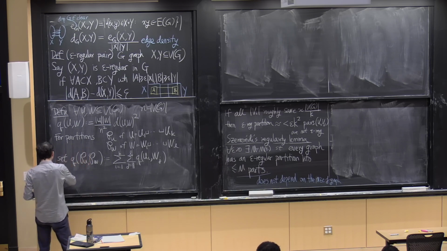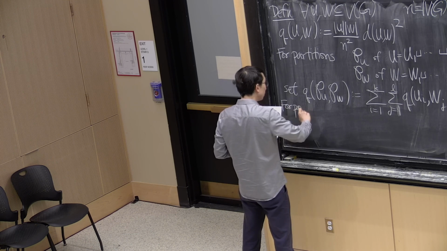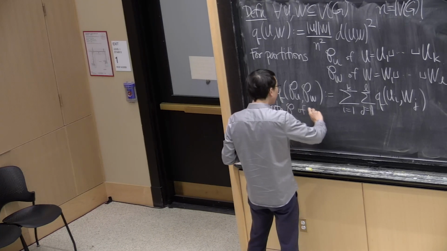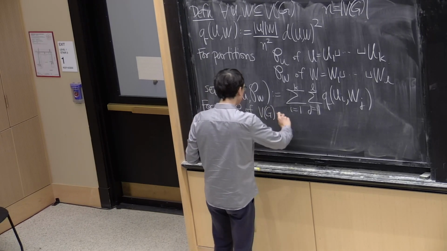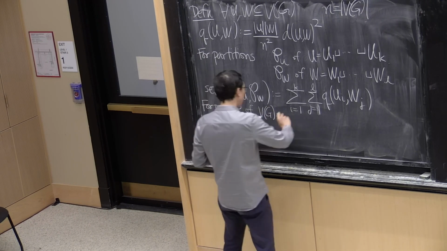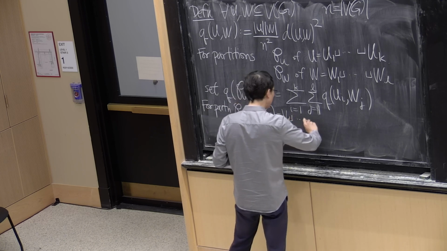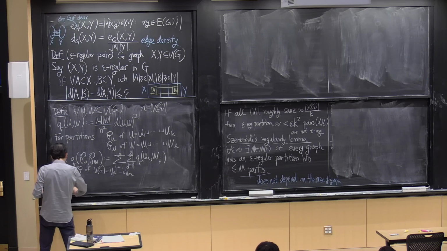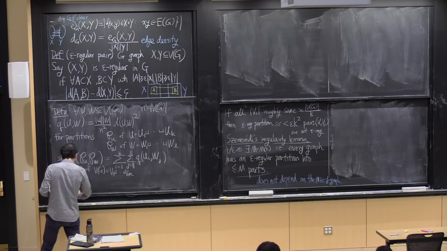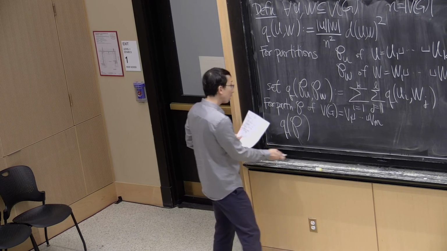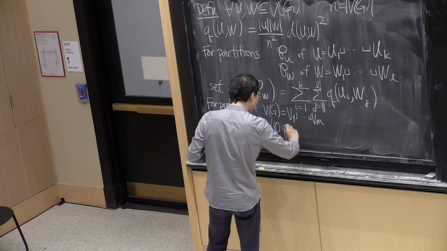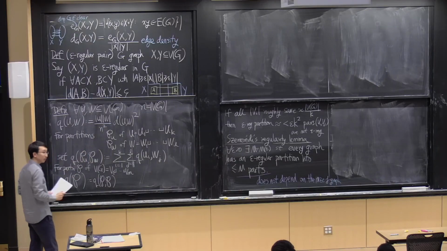And finally, for a partition P of the vertex set of G into M parts, we define this Q of this partition P to be Q of P with itself according to the previous definition.